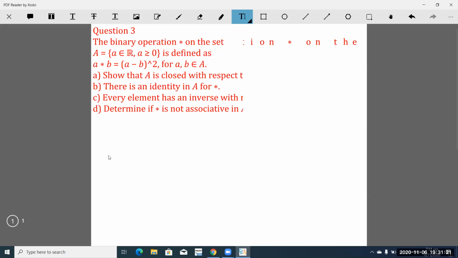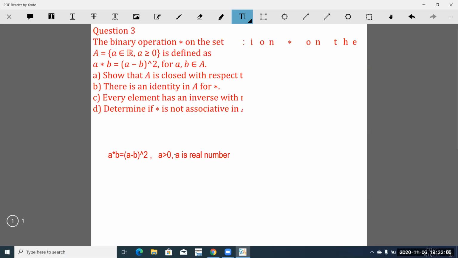All right, so let's start again with A star B, which is equal to (A minus B) all squared. Now, it tells us that A is greater than or equal to 0, and also A is an element of the real numbers.